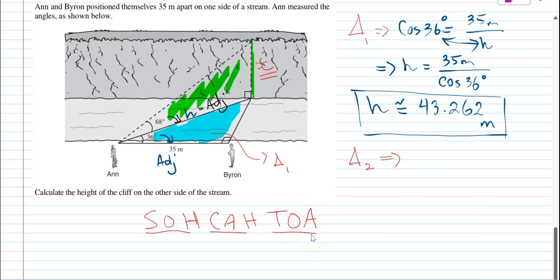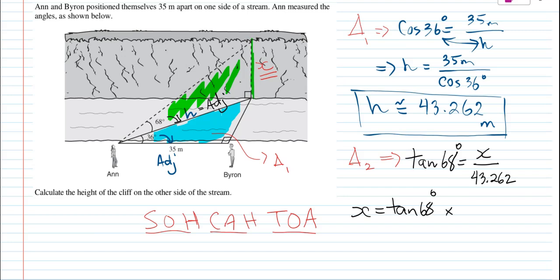So let's write it up. Tangent of 68 degrees equals x over the adjacent side, which we got from the last triangle, and that is 43.262. Let's do the math in here. You're just multiplying, so x equals tan of 68 degrees times 43.262.